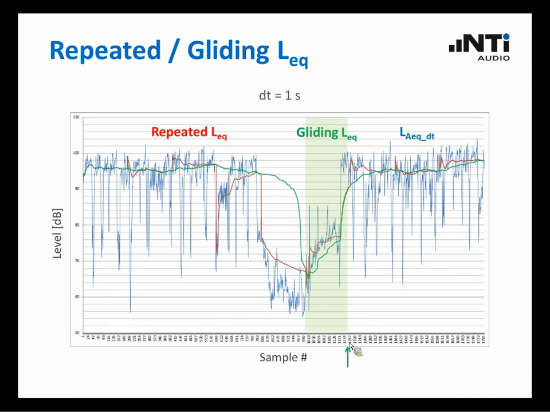So we just always consider the past 15 minutes of our recording, and we calculate the LAEQ, that's the result for this time period, out of the data that we have acquired within. So that is the basic difference between the fixed slots of the repeated LAEQ and the gliding time window of the gliding LAEQ.